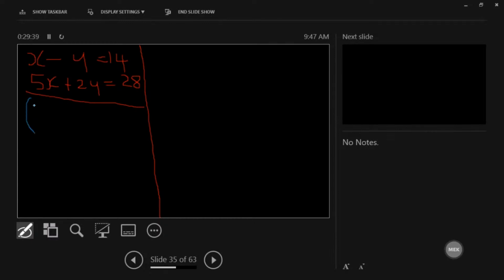So we would have 1, the coefficient of the x is 1, coefficient of the negative y is negative 1. And we would have 5 and 2. x, y. And we would have 14 and 28.